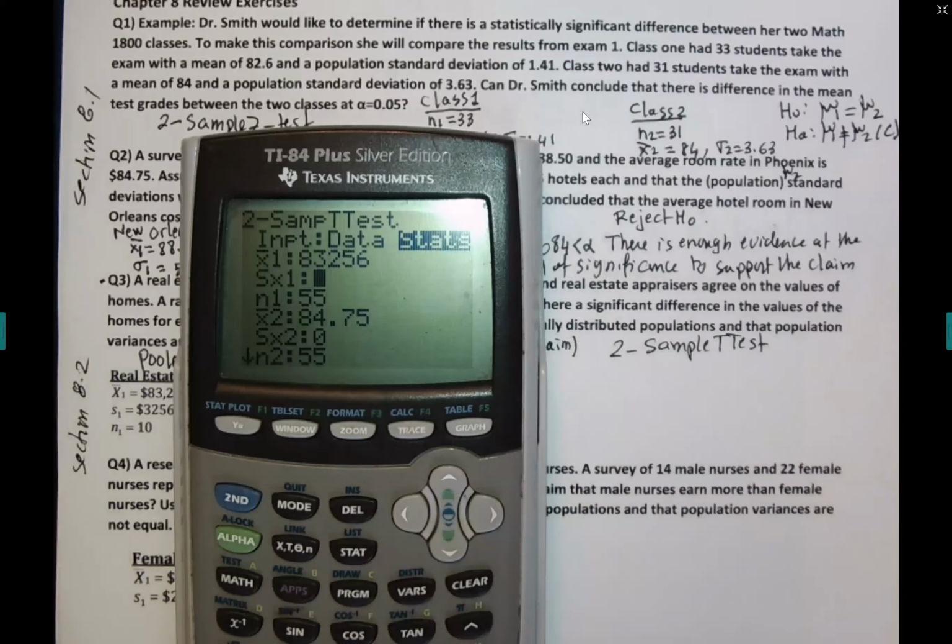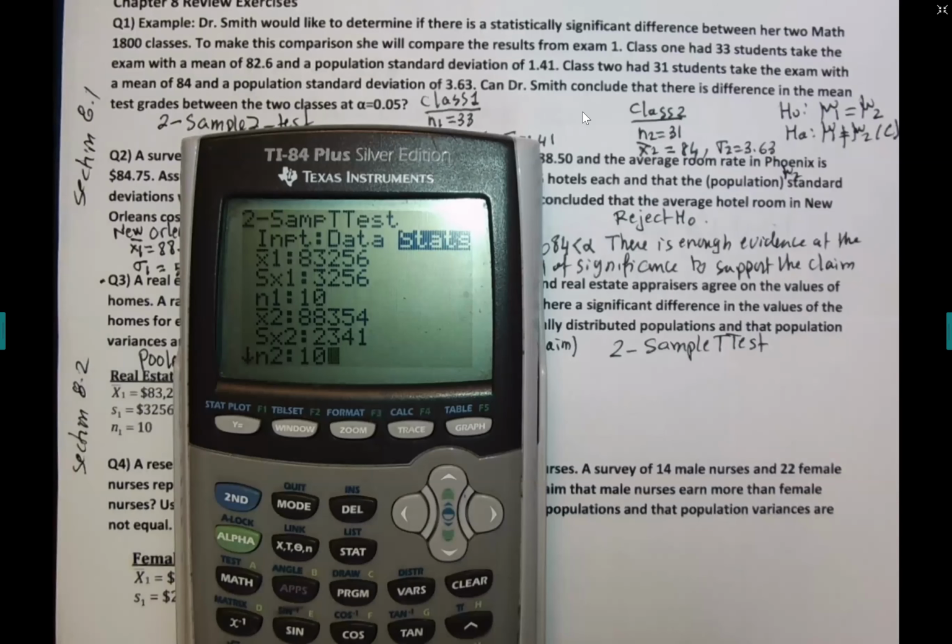S1 is 3,256. N1 is 10. X2 bar is 88,354. S2 is 2,341. And finally, this is 10 here.